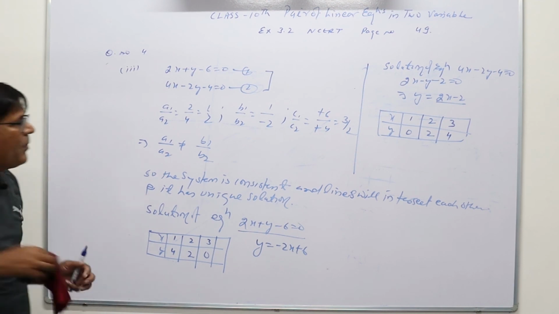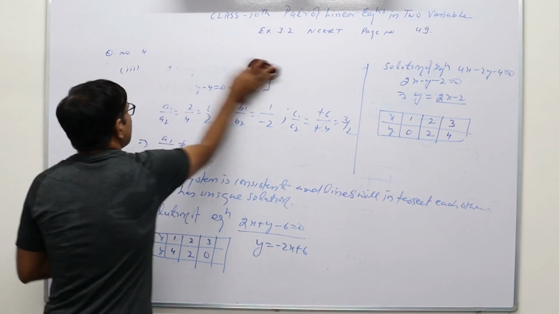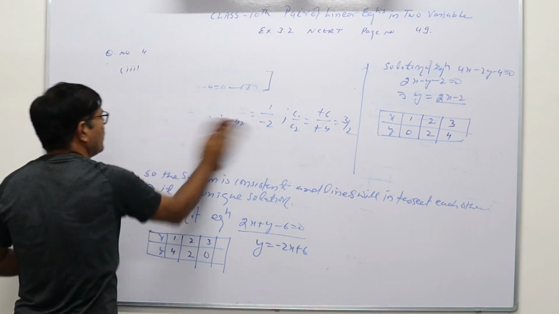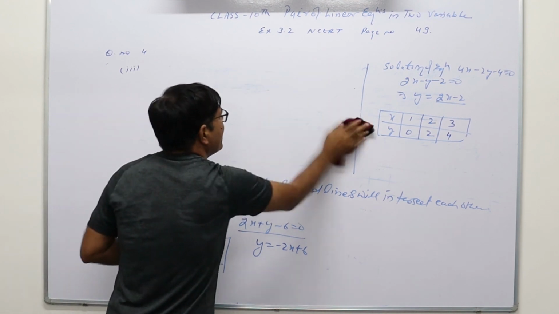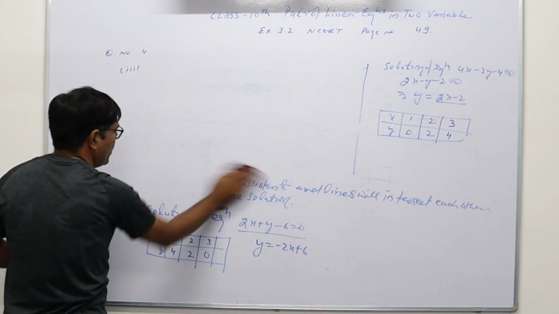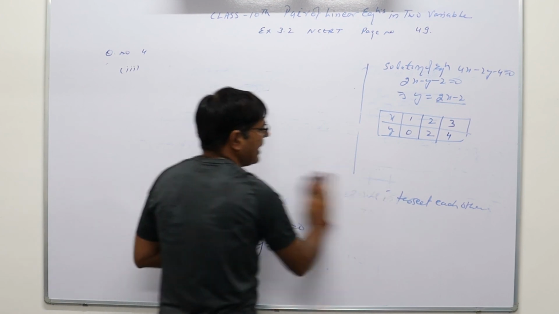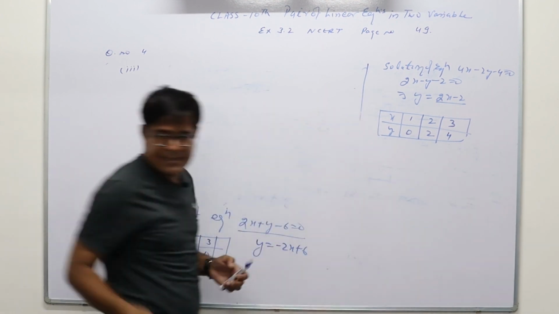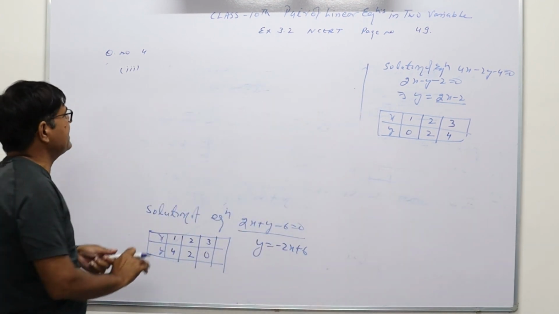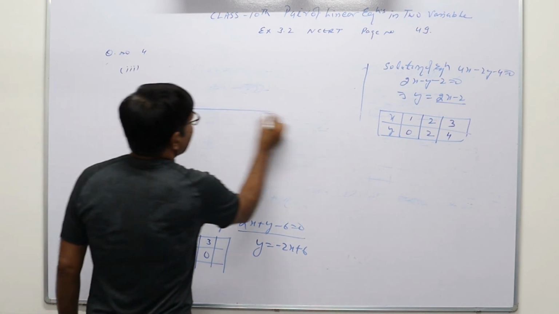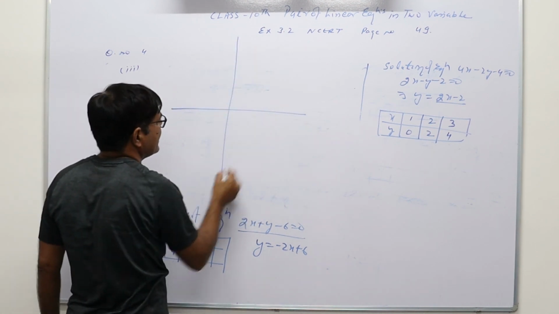Now draw the graph of these two equations. To draw the graph on graph paper, first draw two mutually perpendicular lines, one is the x-axis and the other is the y-axis.